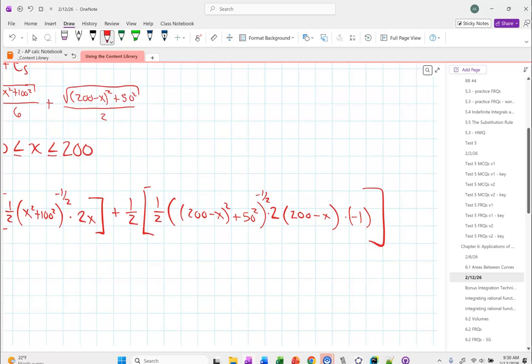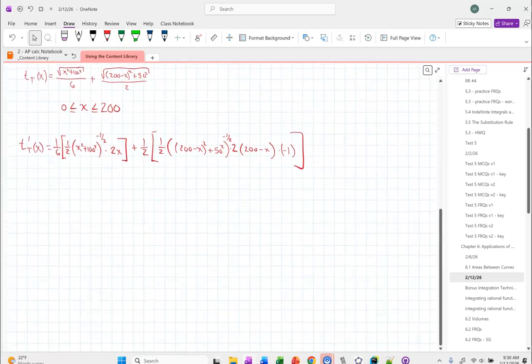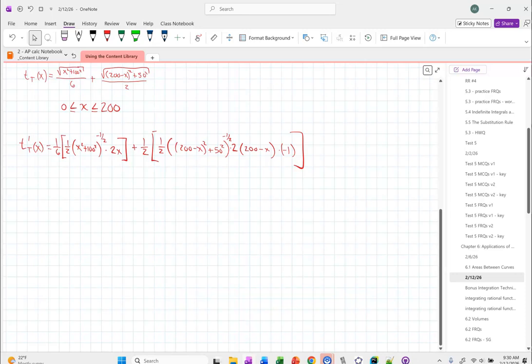Is everybody okay? So in that last part I just did, what was the first chain rule that you took? Was it the square root or the 200 minus x squared? So from the outside in. Okay. So the square root, and then the squared, and then the 200 minus x.